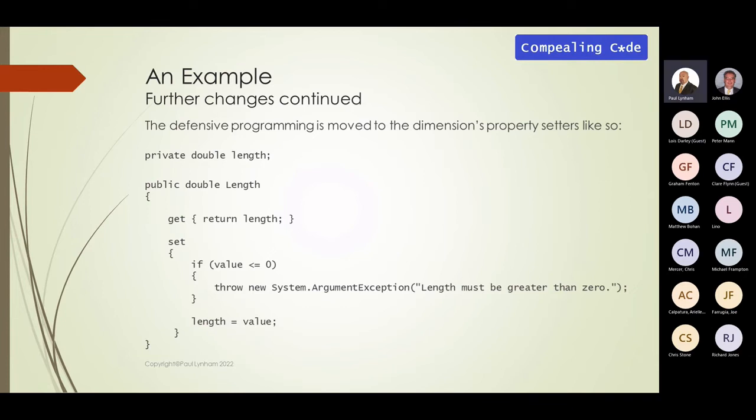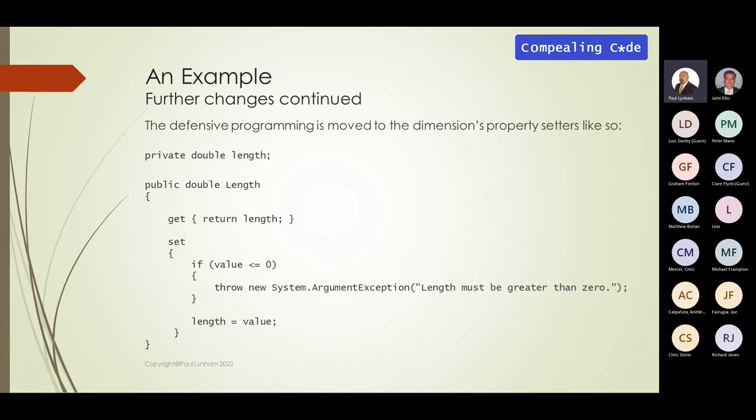So in this case, what we've done, and I've done this with length, but we would do the same with width, is we've just got a private field called length with lowercase l, and then we've got a property called Length with uppercase L. If you want to get the value of length, it just returns the private field. If you want to set it, then it does the check in there. It checks the constraint.